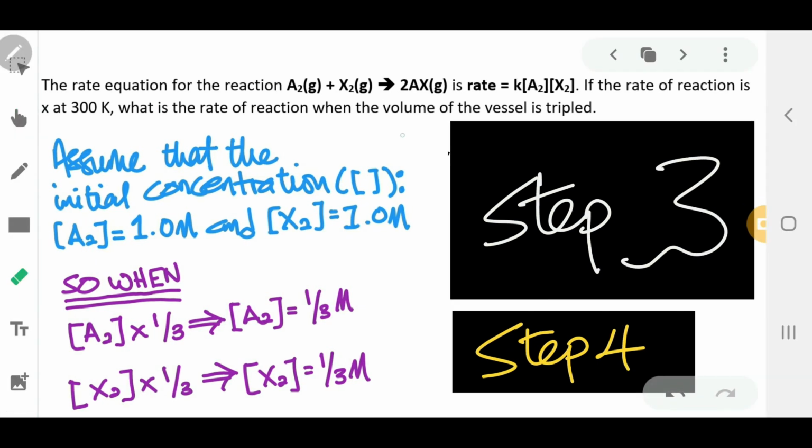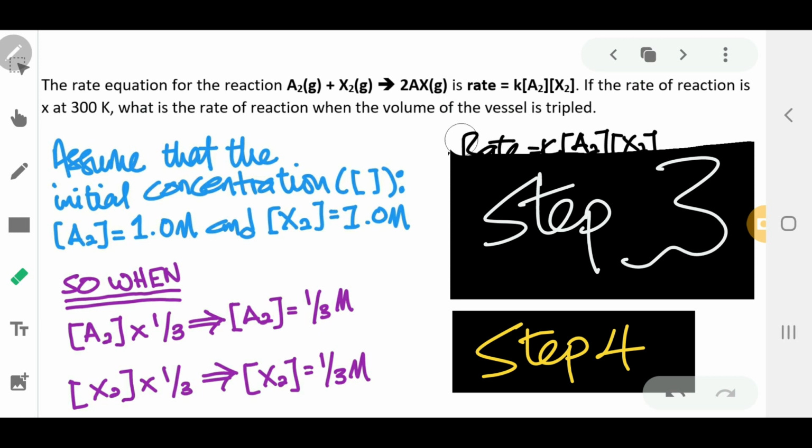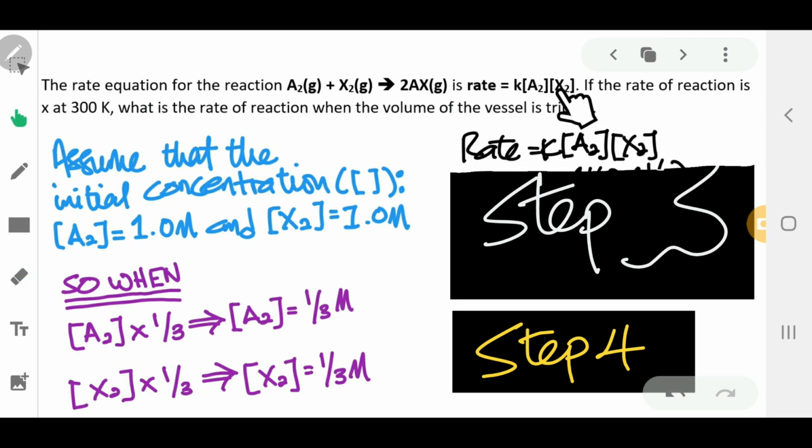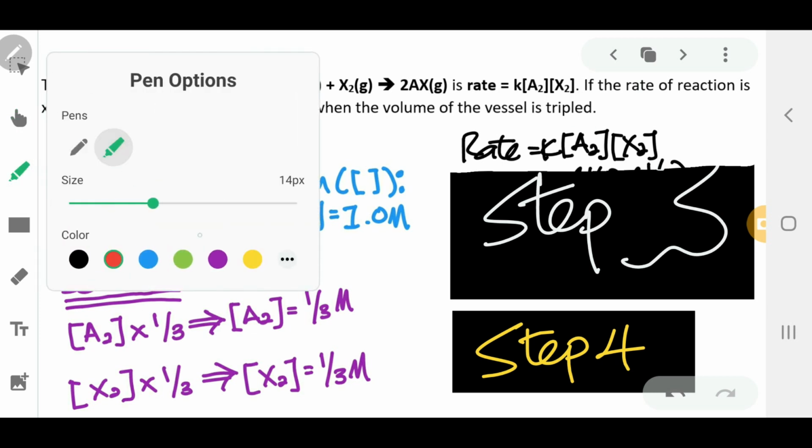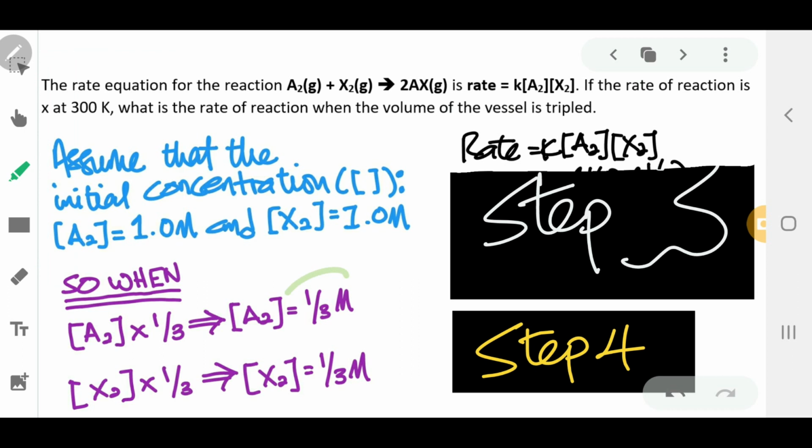And in step 3, we are going to take the rates equation given to you by the question, and substitute the values into the rates equation.